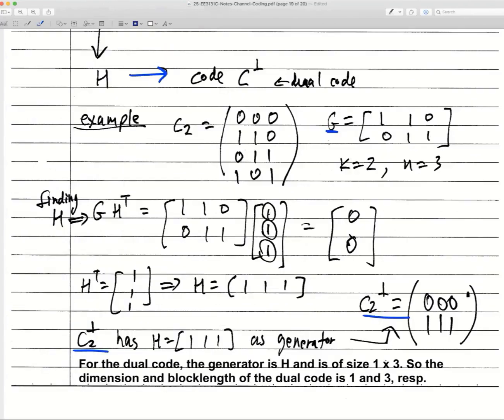Okay? And so these two codes, C and C perp, are dual. And we can see that they sit in dual spaces, because if I take any code word from here and multiply by the transpose of any code word from here, they will multiply to 0. They're orthogonal. Every vector here is orthogonal to every vector here.